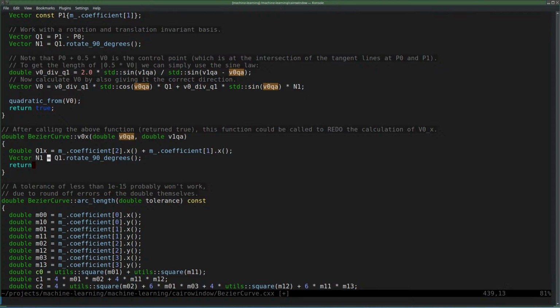And N1, I mean, that is just a rotation. That's actually minus the y coordinate of Q1. So I still have to calculate that one as well. No, whatever. So this is minus the y coordinate of Q1.